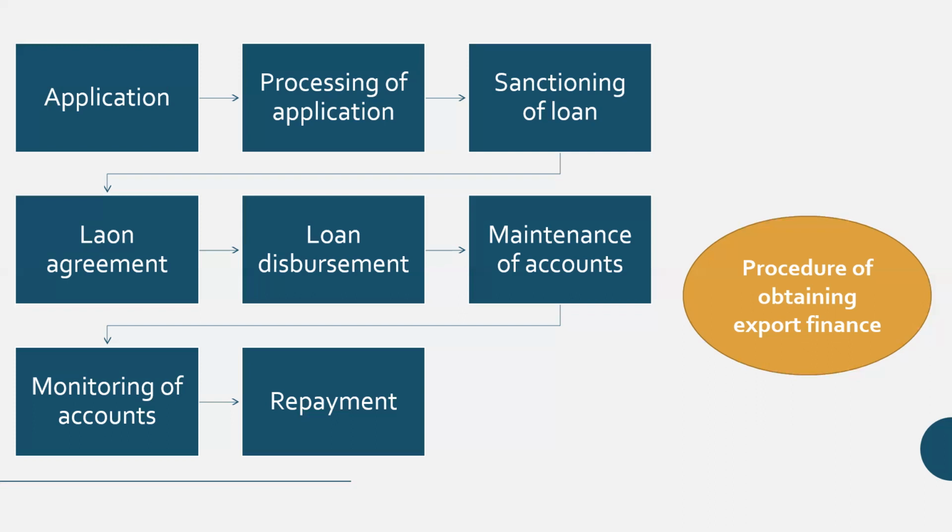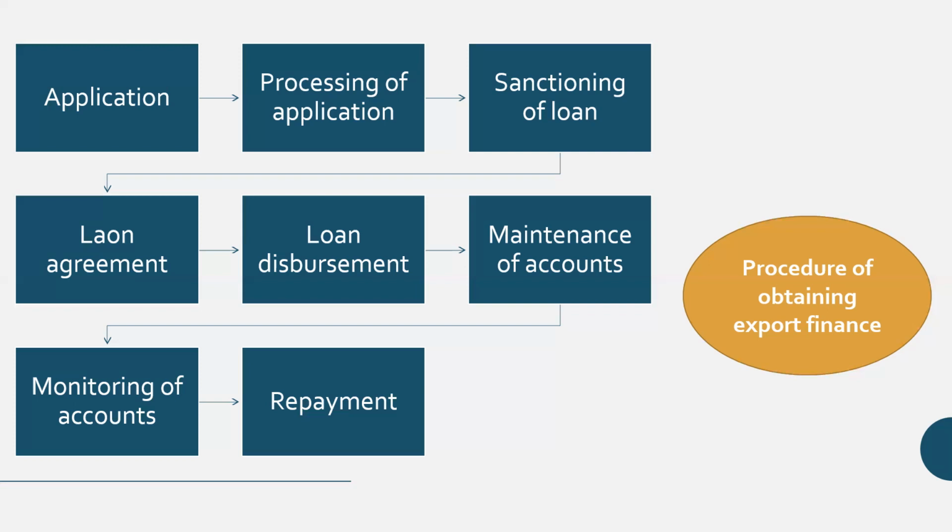And then we have loan disbursement, that is, giving the loan or transferring the amount into the exporter's account. Then a separate account is maintained, so that they know how the amount is slowly and steadily withdrawn and in what way it has been used.